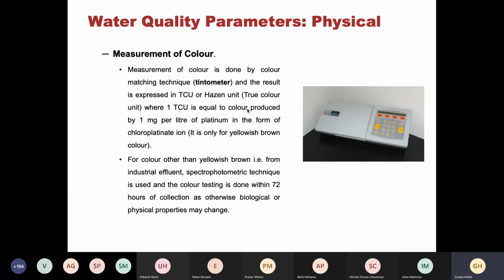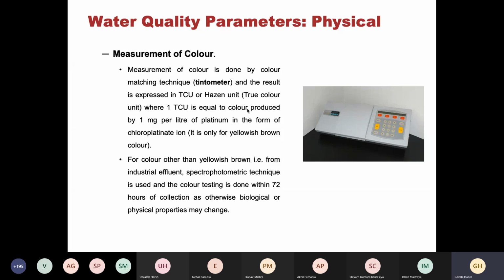Now, measurement of color. Color can be measured with a tintometer.